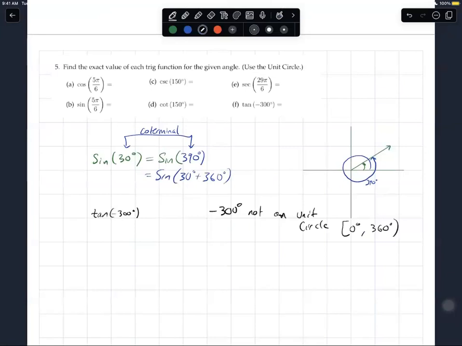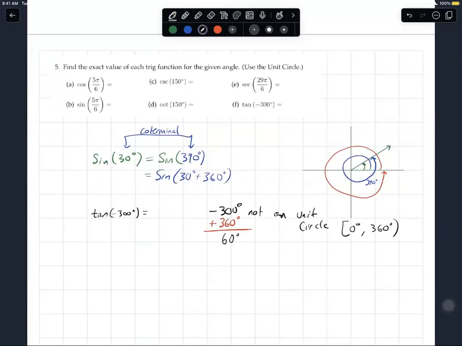So we can find a coterminal angle with negative 300 by adding 360 degrees, because notice 360 degrees is just one rotation, right? So wherever that angle is, negative 300, rotating 360 degrees is still going to have it terminate in the same direction. So I'll add 360 degrees, and you can see negative 300 plus 360 gives us a 60-degree angle.